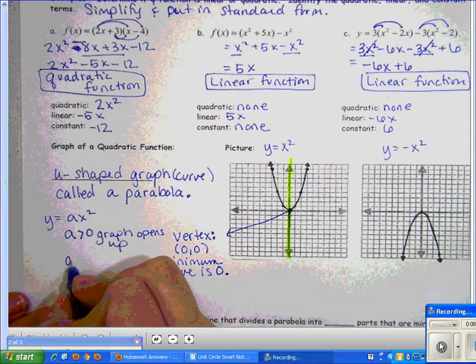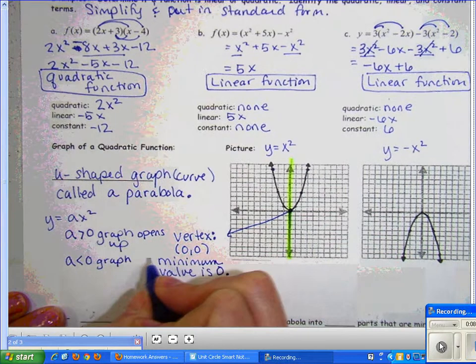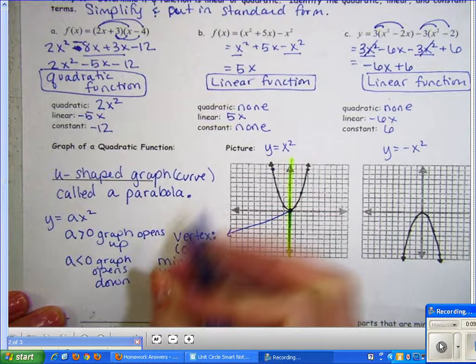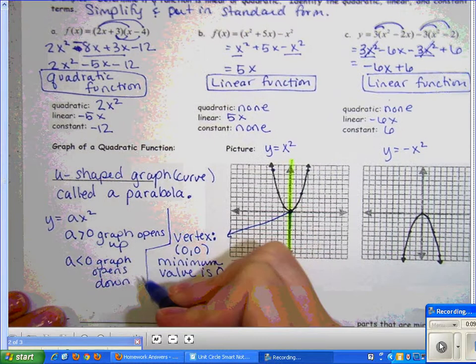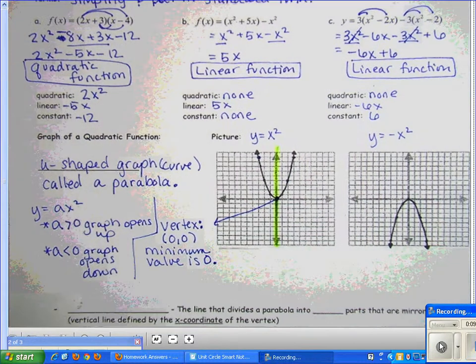And when your a value is less than 0, your graph opens down.